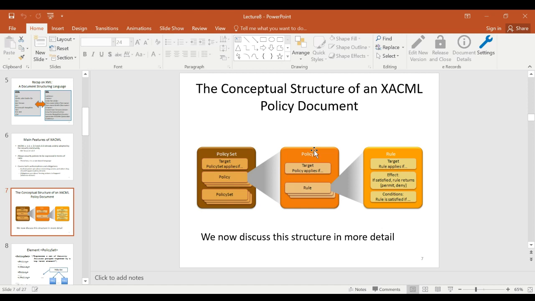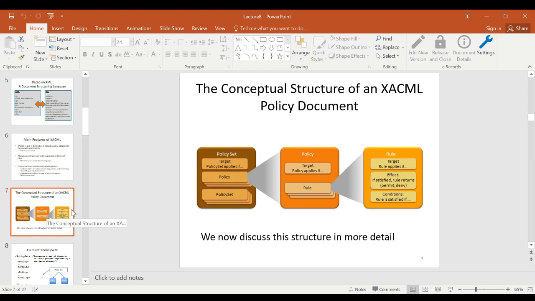Each individual policy contains within it a number of individual rules. Of course a rule contains other sub attributes within it, but a rule is, at the end of the day, the most basic building block that any XACML policy or policy set will consist of.